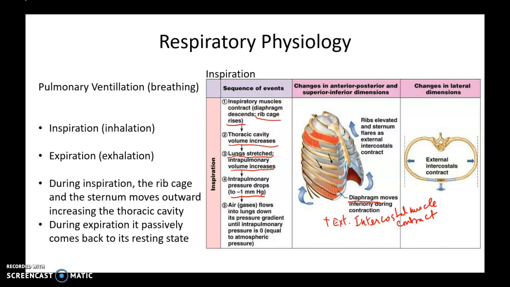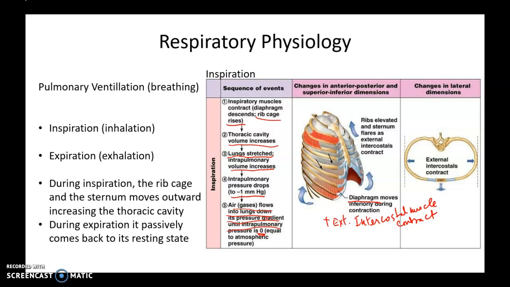Due to this drop in pressure, atmospheric air gets into the lungs, flowing down the pressure gradient until the intrapulmonary pressure reaches 0, which is equal to the atmospheric pressure. Well, Rupa, is atmospheric pressure 0? The answer is no, and we will talk about how we do things in physiology in a bit.